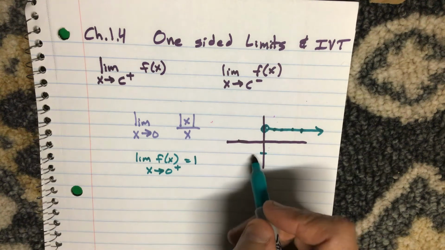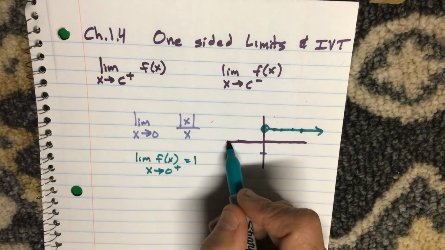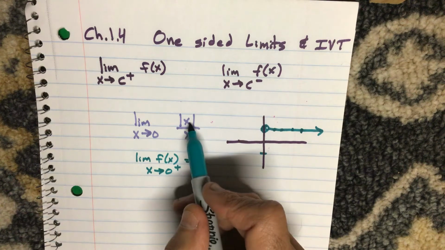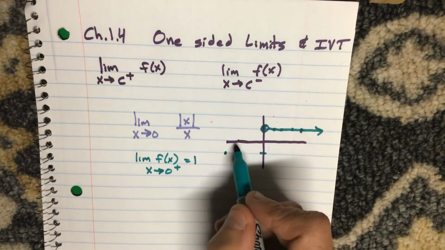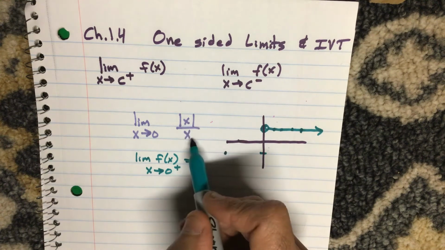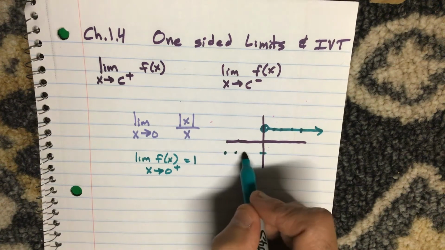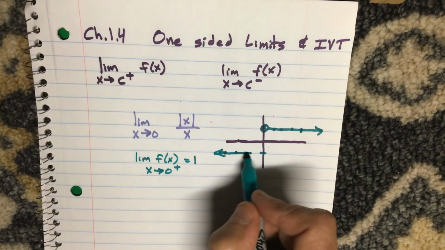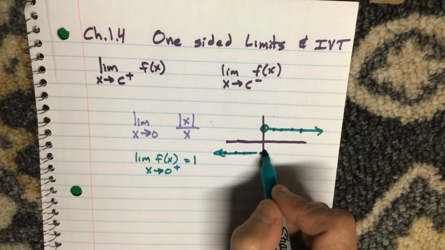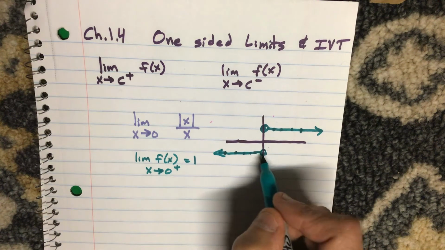If we were to plug in negative numbers, let's say we plugged in negative 5 and took the absolute value, that would be 5 over negative 5, which is negative 1. If we plugged in negative 4, we'd get 4 over negative 4, which is negative 1. And we keep getting negative 1 as we go towards infinity. As we approach 0, we know we can't plug in 0, but we can get closer and closer to 0.